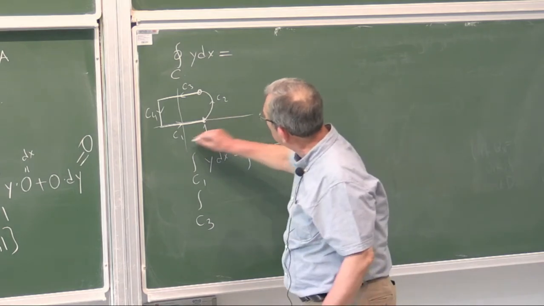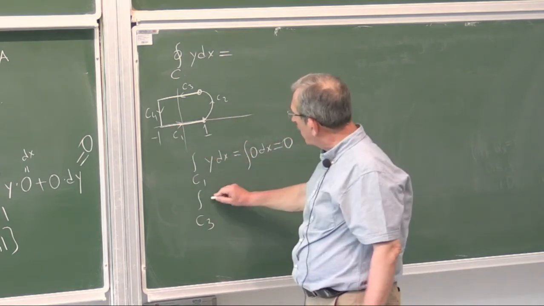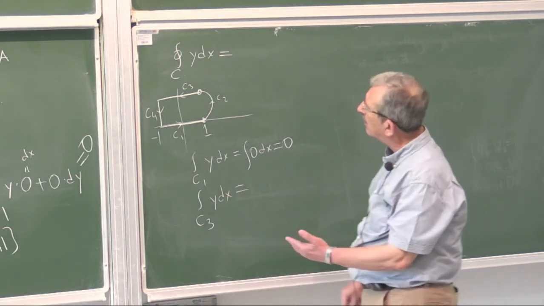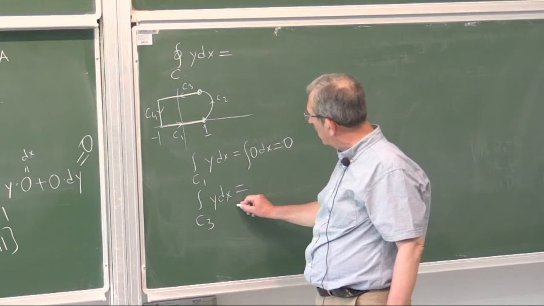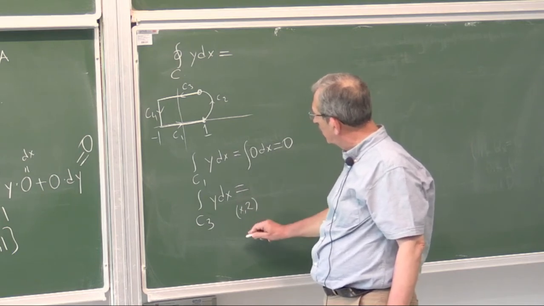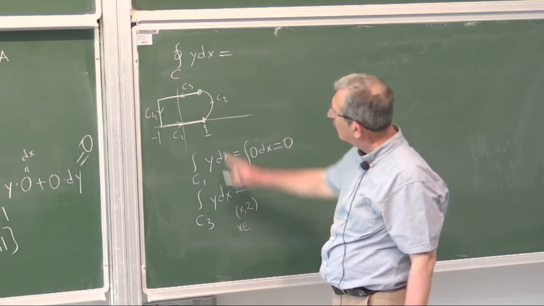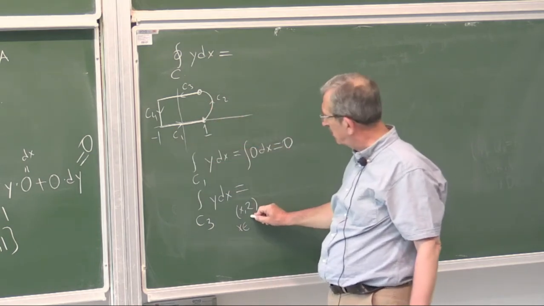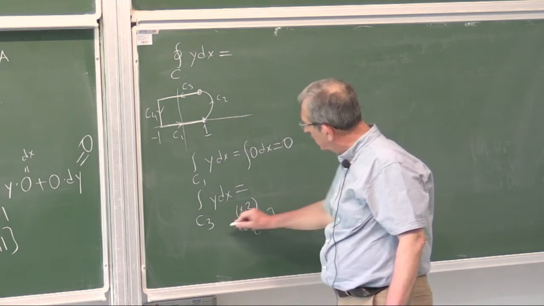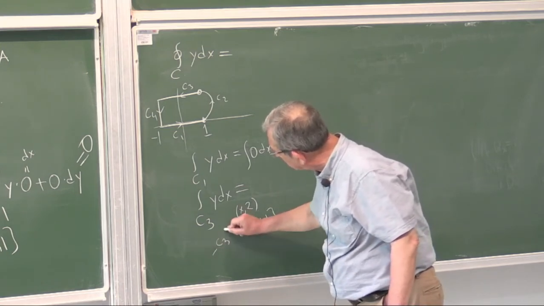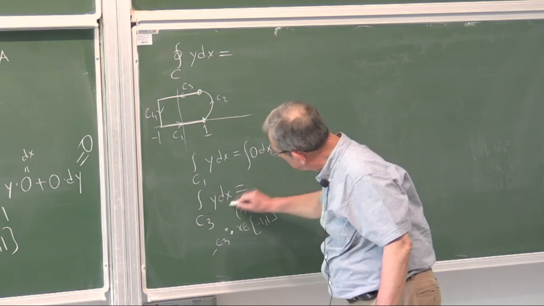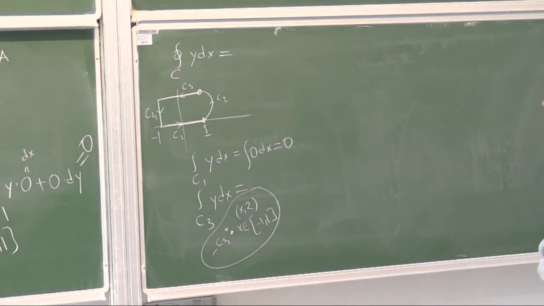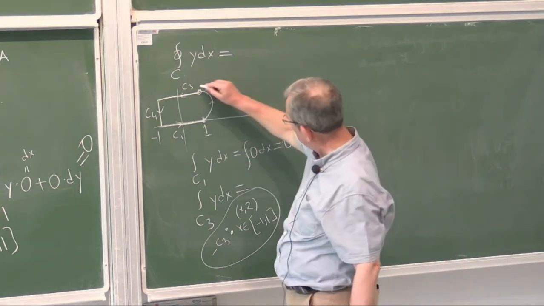Of course, this is 1 and this is minus 1. So I have y dx. Well, the parameterization for C3, of course, is x2, where x changes from 1 to minus 1. Well, that's not possible. From minus 1 to 1. So this is minus C3. A parameterization: we go from minus 1 to 1.